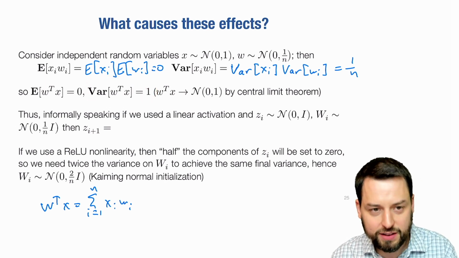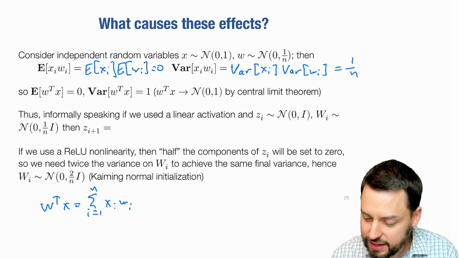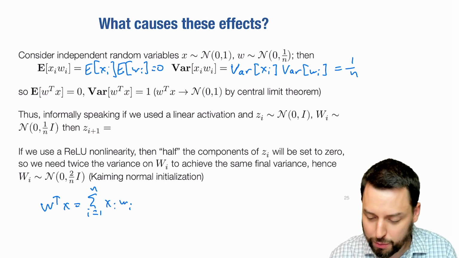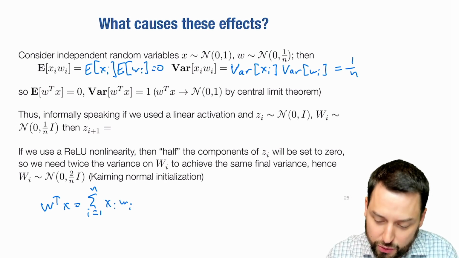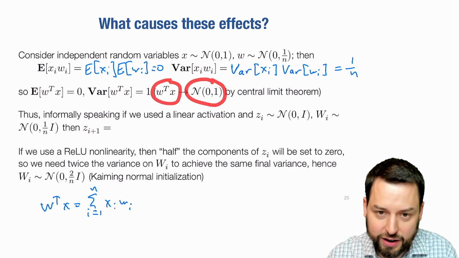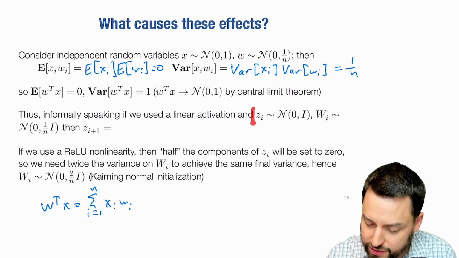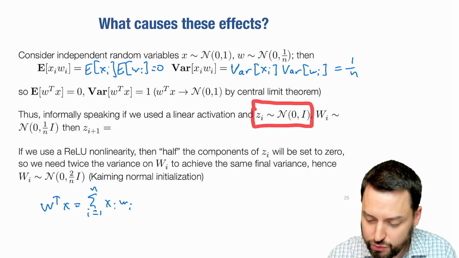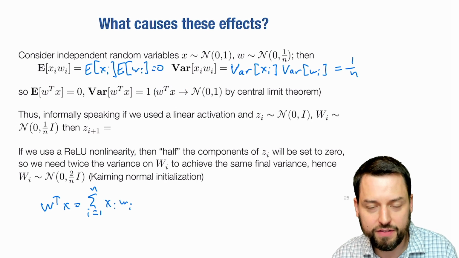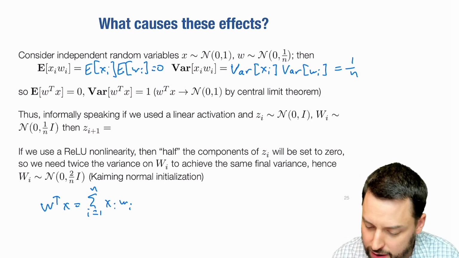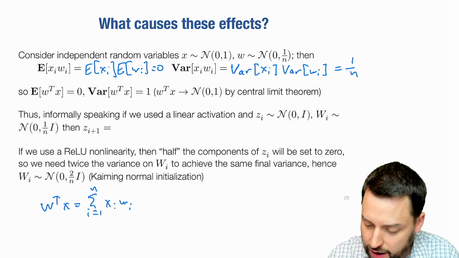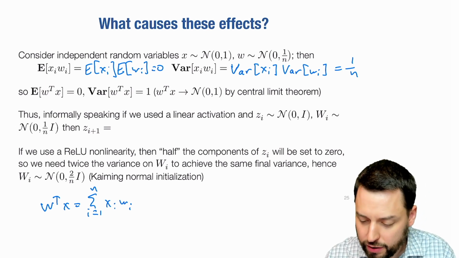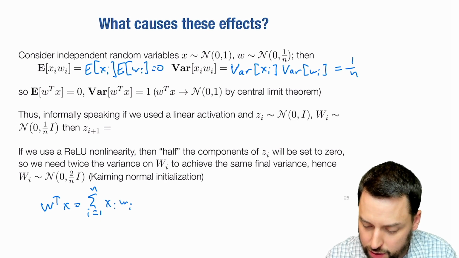All right, so what this means, very informally speaking, is that this thing would go to a random variable here. If we consider a whole set of n activations, and we think of wi as being initialized in this way, then consider the iterations of the whole network, right? So zi here would equal wi transpose times zi.